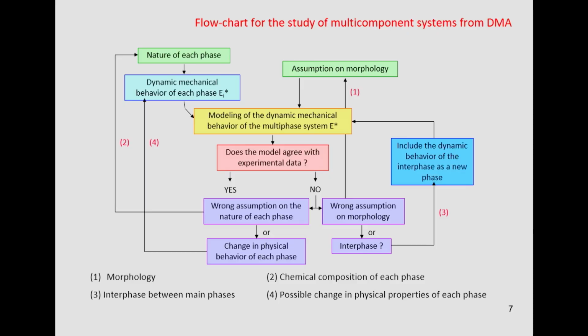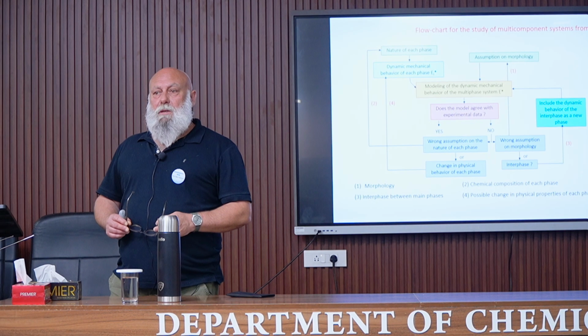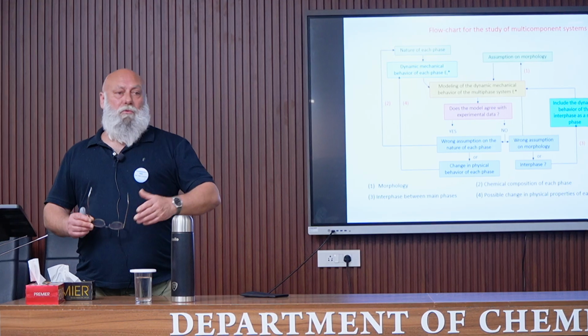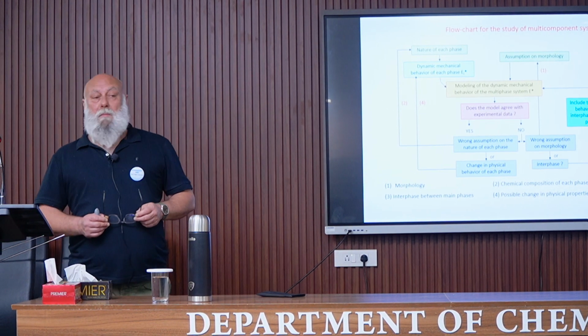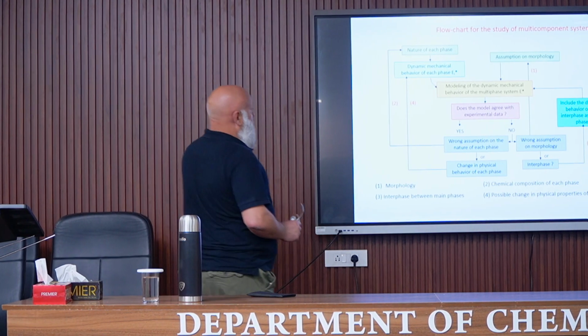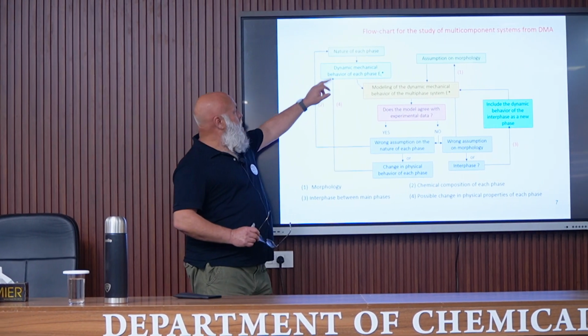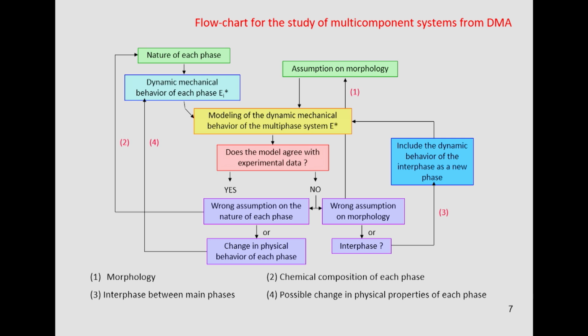So usually in material science, the material is characterized, we obtain some data, as I showed you previously, and to determine the morphology of the composite, or the blend, it's necessary to use a model. So it means that we know the nature of each phase, we can determine experimentally the behavior of each phase, we can make an assumption on the morphology.